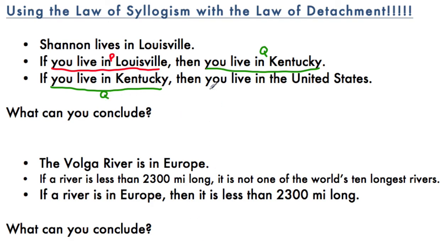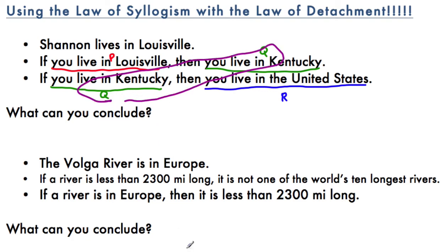And then we've got a new statement. You live in the US. That's our R. Okay, so we've got our two Q's here. So if we were to look at our P implies Q and our Q implies R, we've got diagonal Q's.